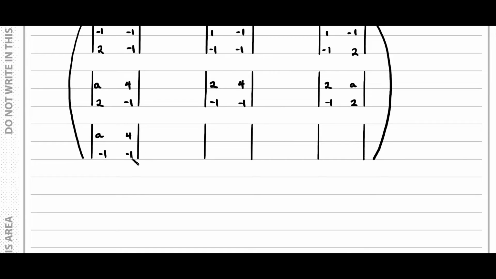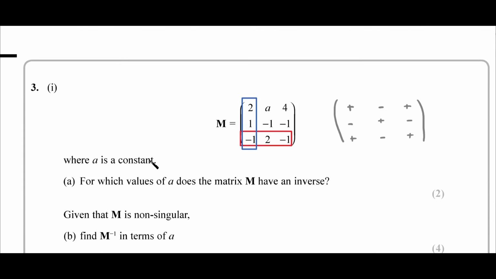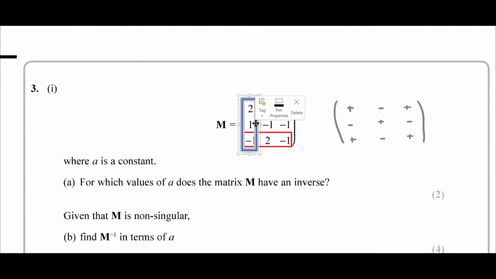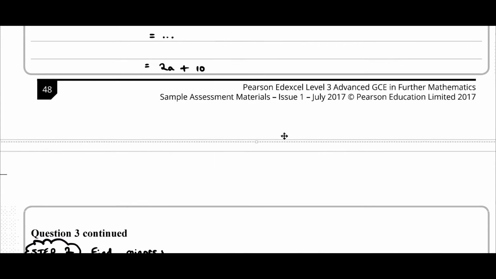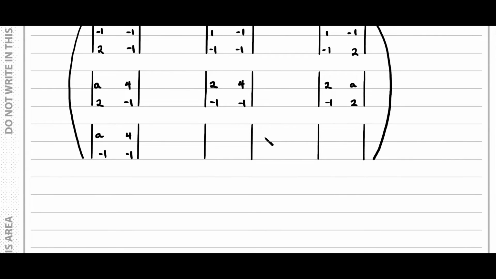And then if I move this here, for this element, we have 2, 4, 1, minus 1. So we have 2, 4, 1, minus 1.